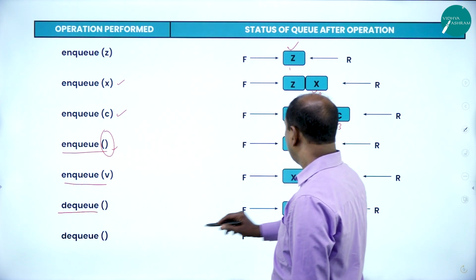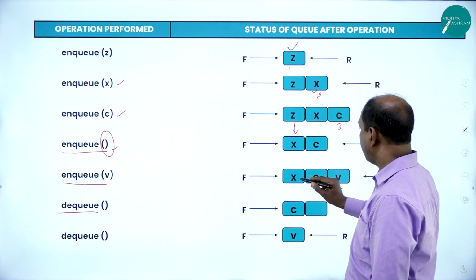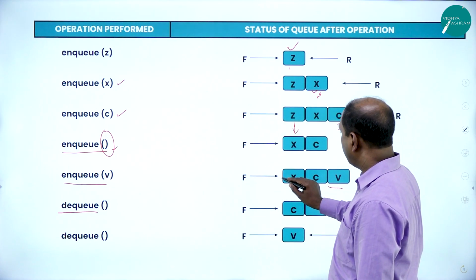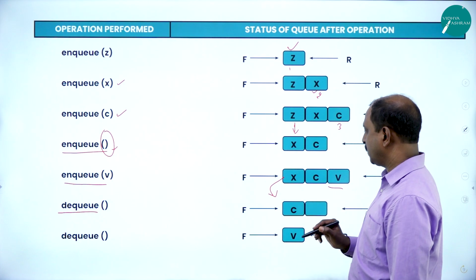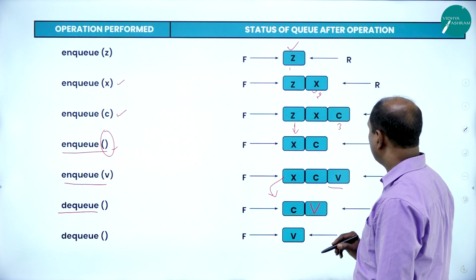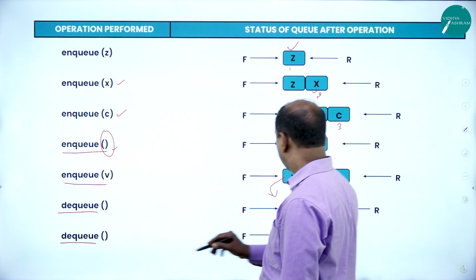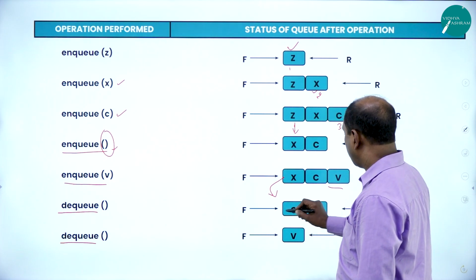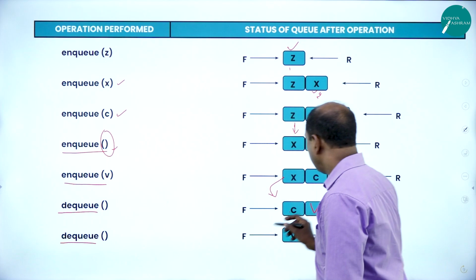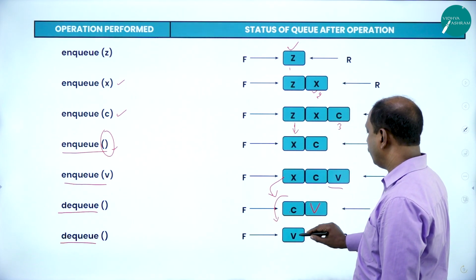In this example, at this stage we have the elements X, C, V. Because of the DQ function, X is taken out of the structure, so we are left with C and V. Next we have one more DQ operation. At this stage we have only two elements, C and V. Because of this operation, C will be eliminated, and we are left with only one element, V.